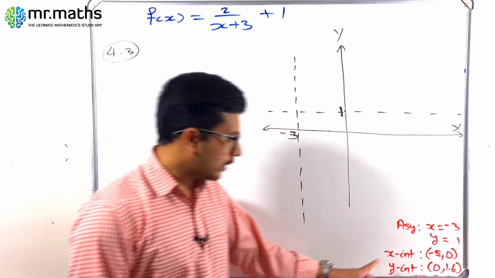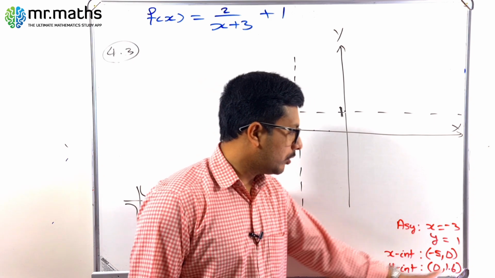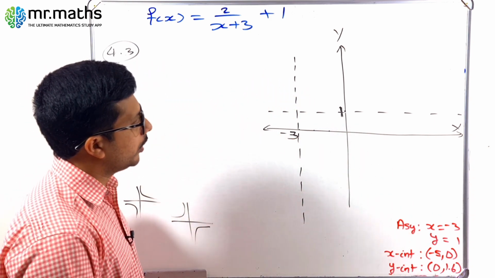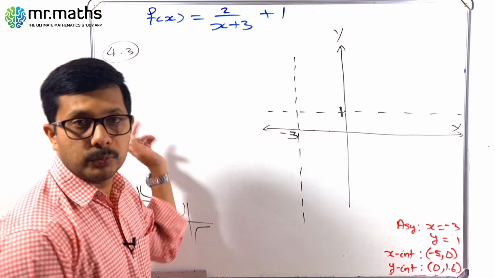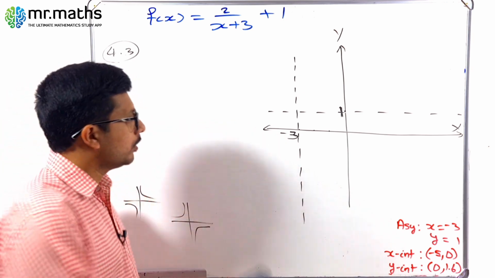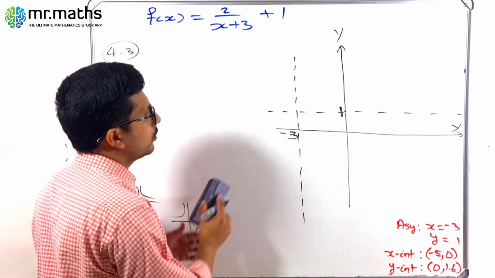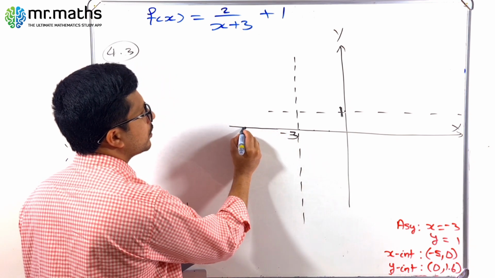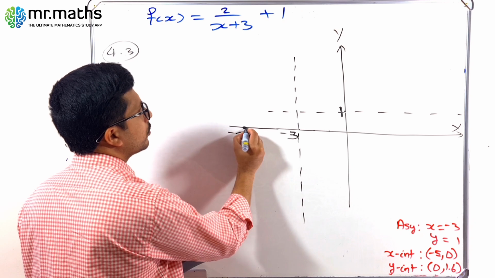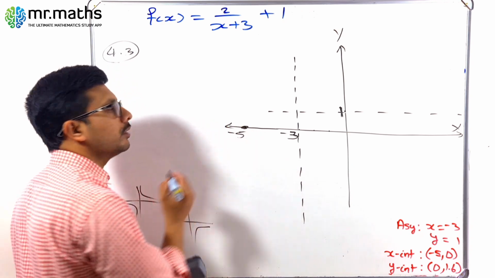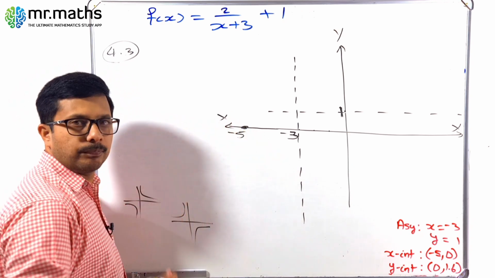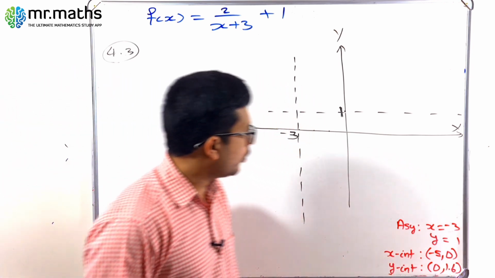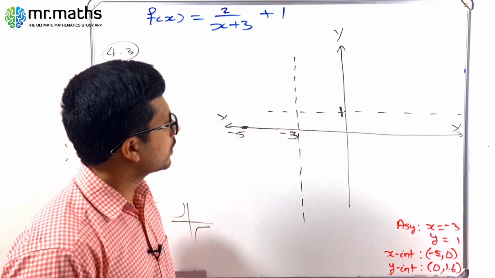Then the x-intercept, minus 5 comma 0. Minus 5 means it's before this one, because this is only minus 3. So we have to extend this one a little bit and assume that this point is minus 5. This is the x-axis. Minus 5 comma 0, and the other one is 0 comma 1.6.